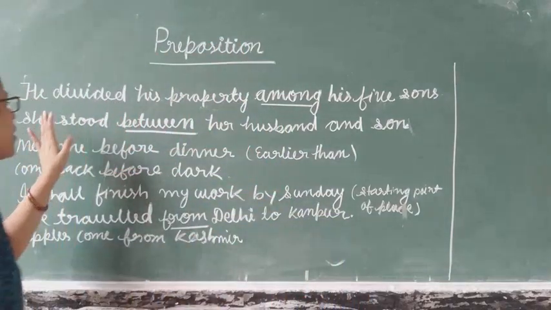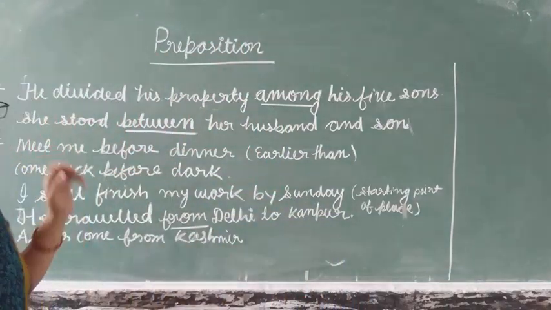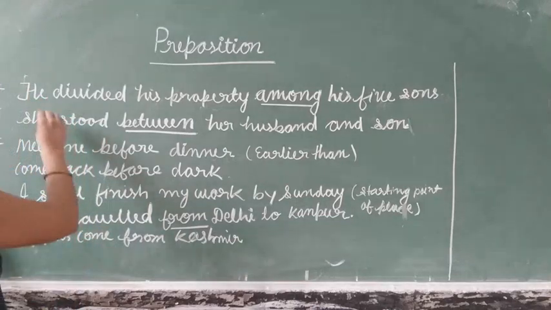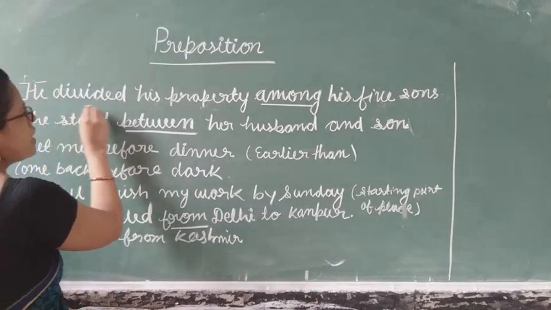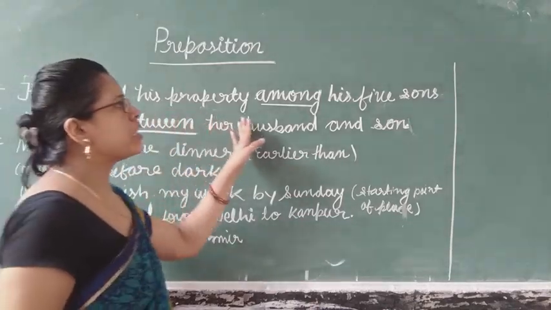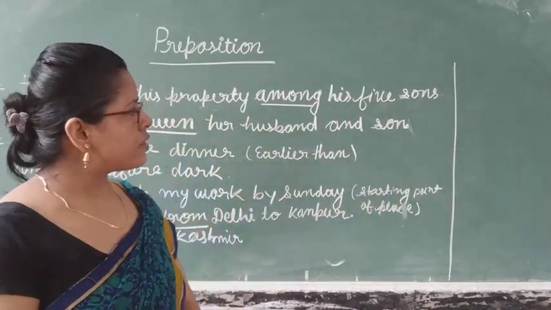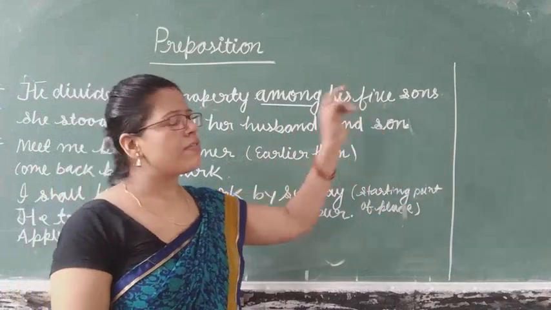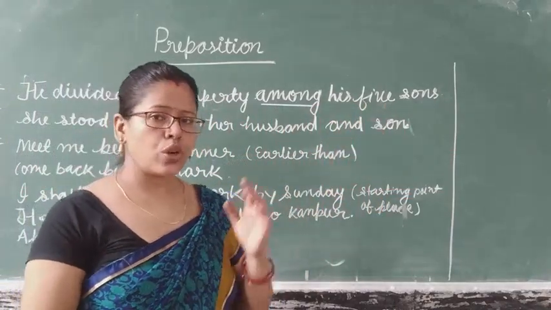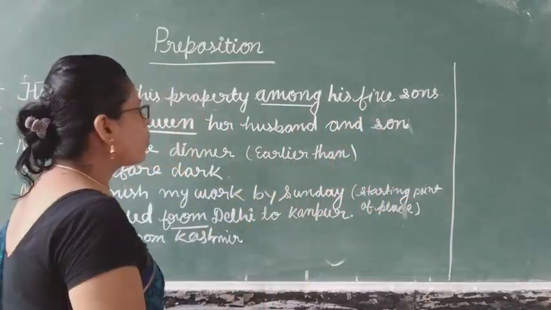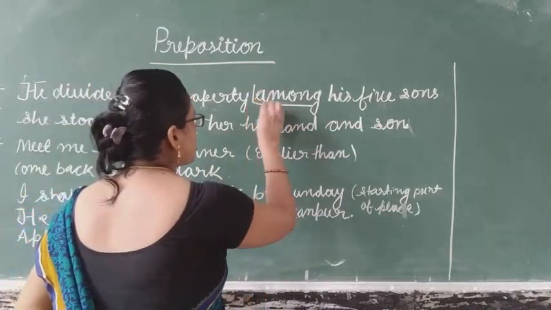At first, see the examples I have written. The first example: he divided his property among his 5 sons. How many sons are there? There are 5 sons. What is the preposition used in this sentence?